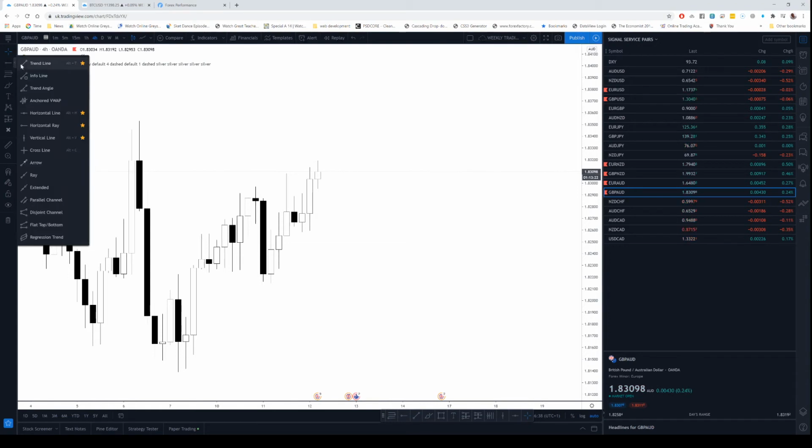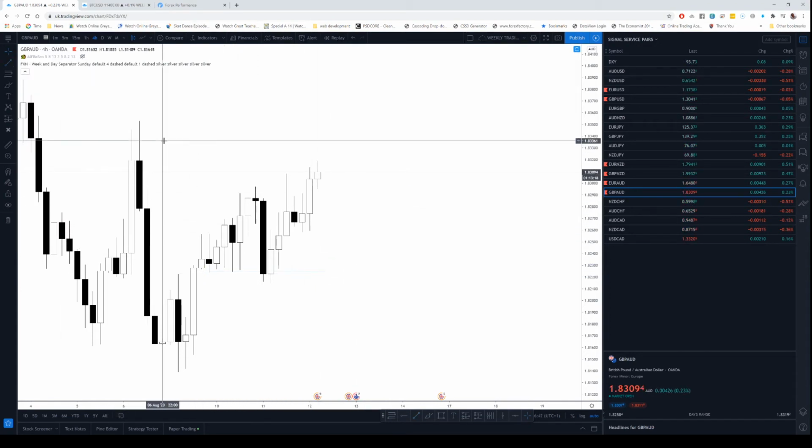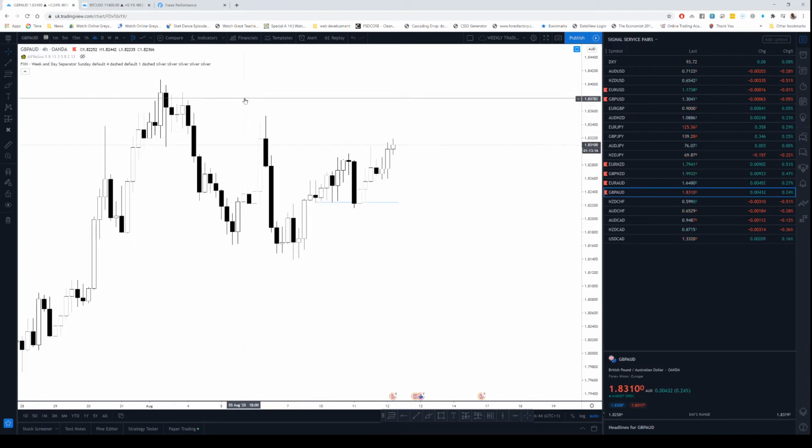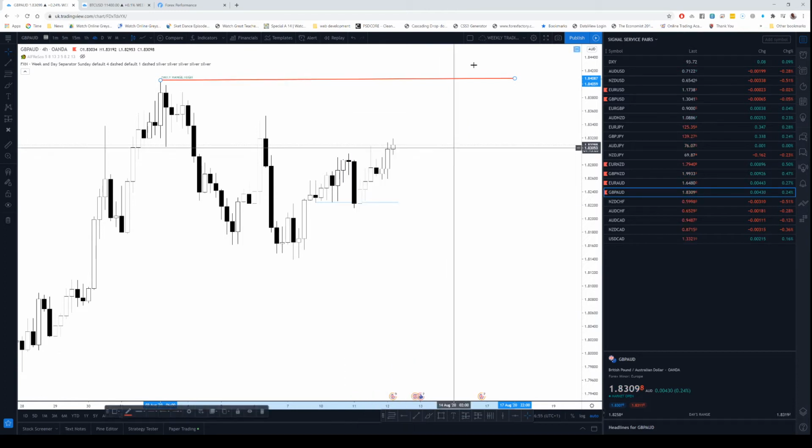So if the 4-hour is bullish, we look for a daily high to be taken. So our next upside objective will be here. Okay, our next upside objectives will be there.